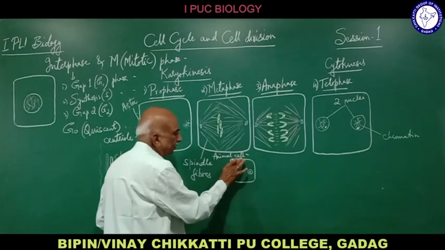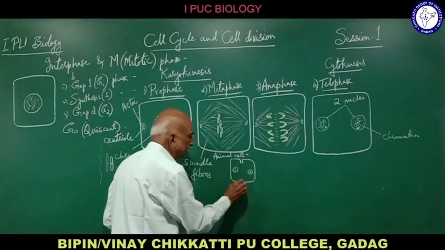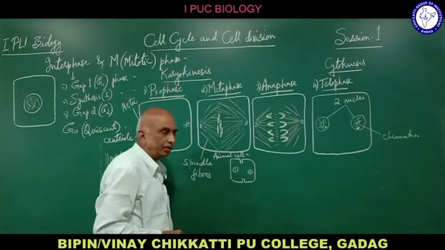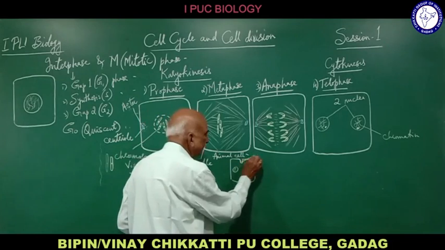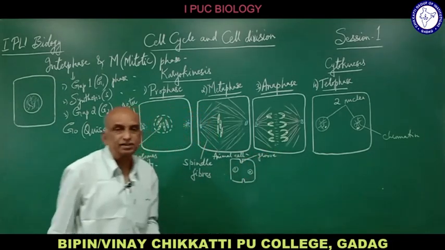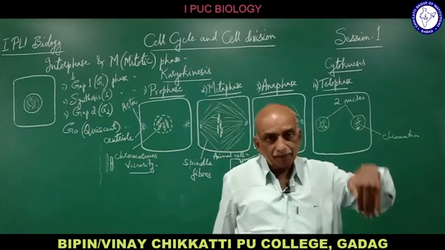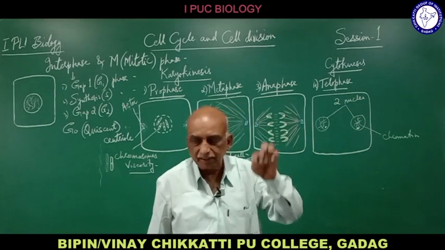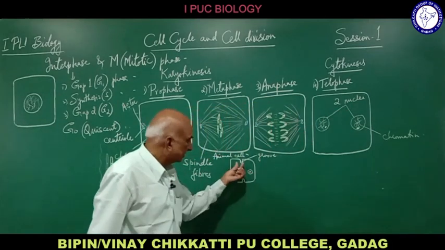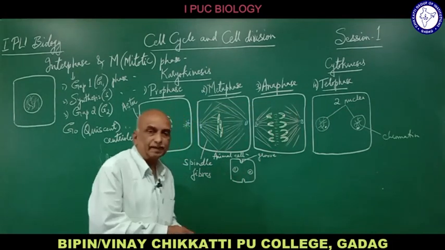The cell membrane will grow inwards at the two opposite ends like this. So this depression which occurs is called a groove, or a constriction. So the cell membrane will grow inwards, it will form a depression here, and this groove will grow inside.